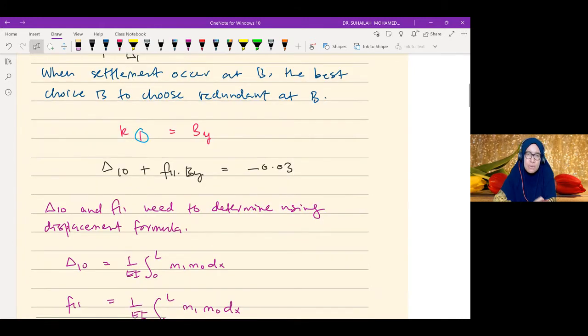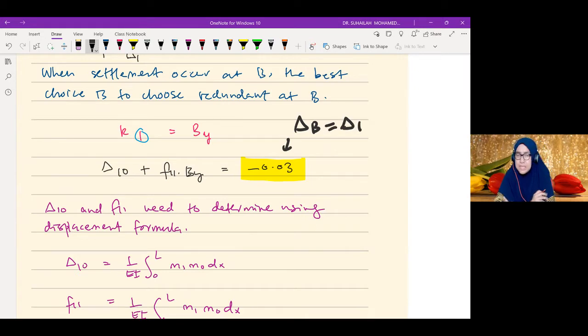So we write the compatibility equation as usual. It is delta 1 naught plus F11 times BY, but this time this is equal to negative 0.03. This negative 0.03 represents delta B, or delta 1.